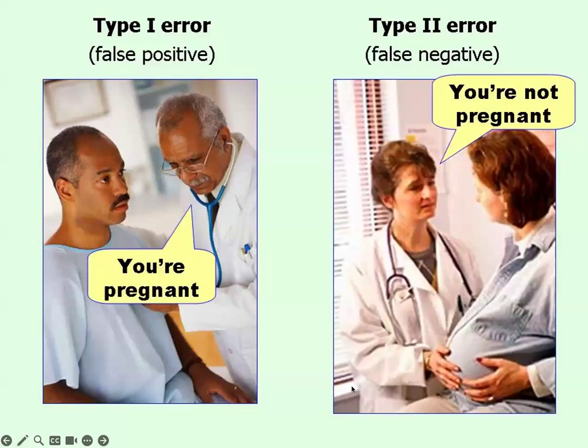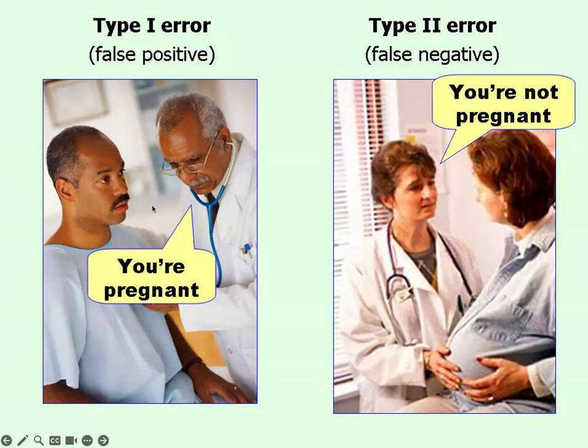Here is another common example that differentiates the type 1 error from the type 2 error. So the type 1 error is also known as a false positive. You are making a positive conclusion. You're saying that something is, when in reality, it is not. Type 2 error, on the other hand, is a false negative. You are saying that something is not, when in reality, it already is.